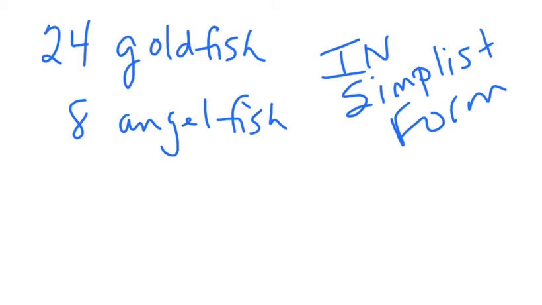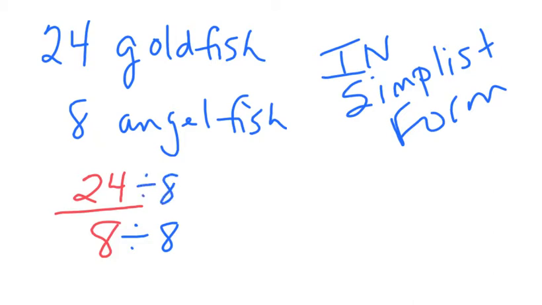So, you go, oh, well, there's 24 goldfish, there's 8 angelfish. Now, it said in simplest form. So, could I divide both of those numbers by any other number and reduce it? Well, look. They both divide by 8. So 24 divided by 8 is 3. And 8 divided by 8 is 1.